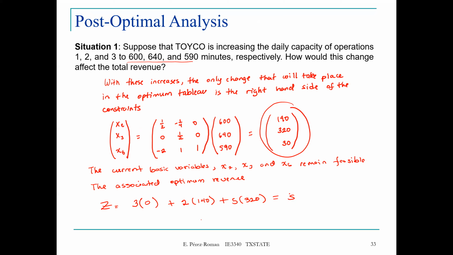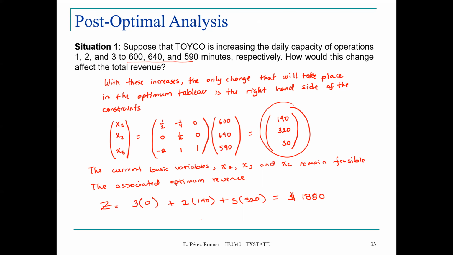And the new objective function value will be 1,880. So you can see that by increasing the amount of time for each one of those operations, the revenue is increasing. Originally it was 1,350, now it is $1,880.